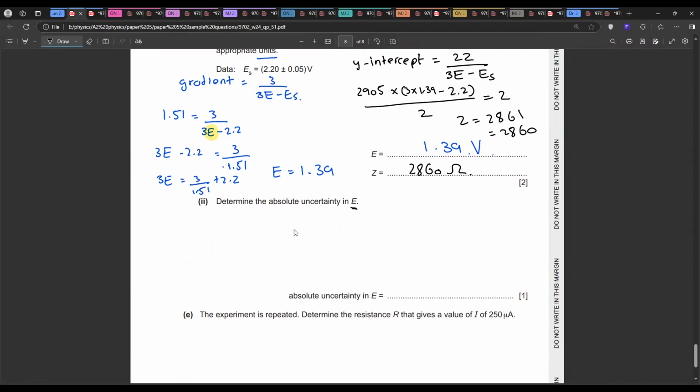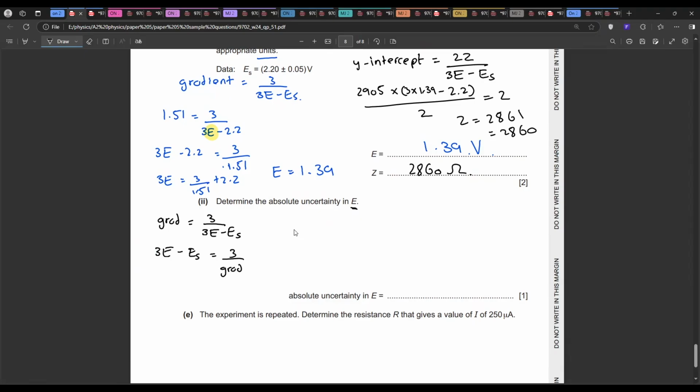Now you have to pay a little bit of attention. If you analyze, E was calculated in which manner? Gradient is equal to 3 divided by 3E minus ES. Perfect. Can I make E the subject here? 3E minus ES is equal to 3 divided by the gradient.